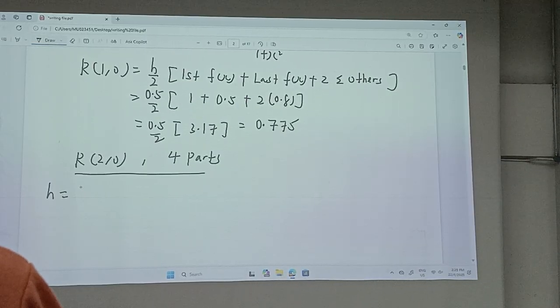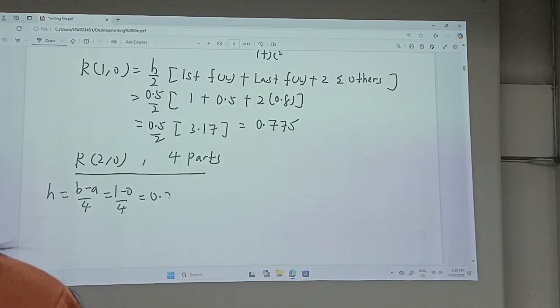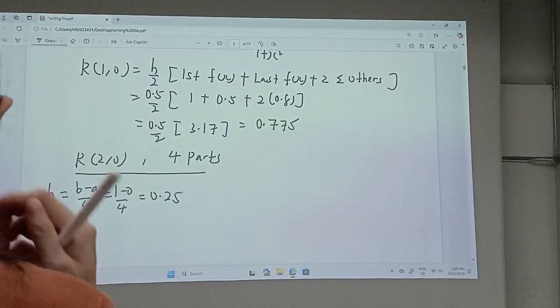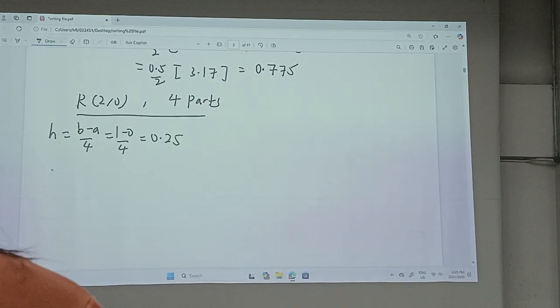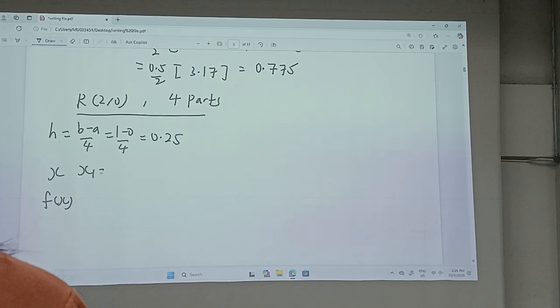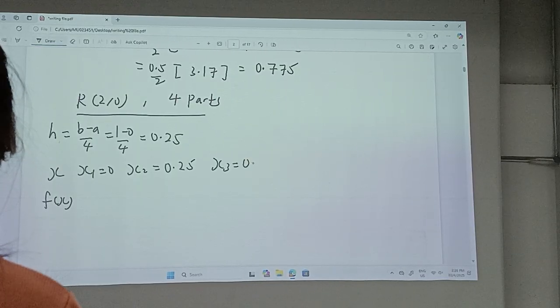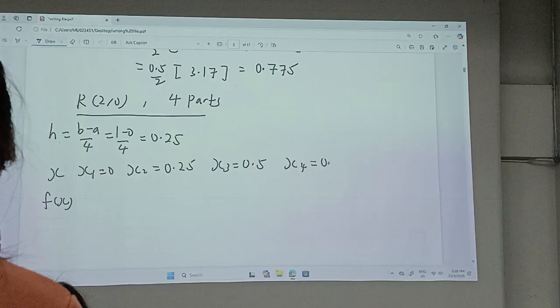So h equal to b minus a divided by 4. 1 minus 0 divided by 4 equal to 0.25. So let's get all the f(x). x1 equal to 0. x2 equal to 0.25. x3 equal to 0.5, right? x4 equal to 0.75.